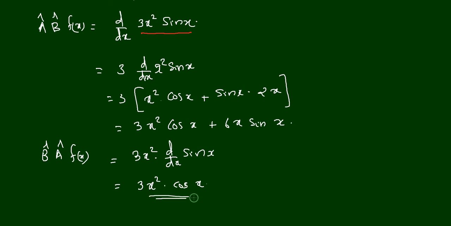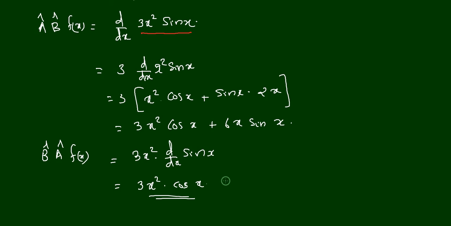This is the result. So in both cases, when we are doing A B f(x) and B A f(x), we have different results. The first case, the result is 3x² cos x plus 6x sin x, and in the second case the result is 3x² cos x alone.